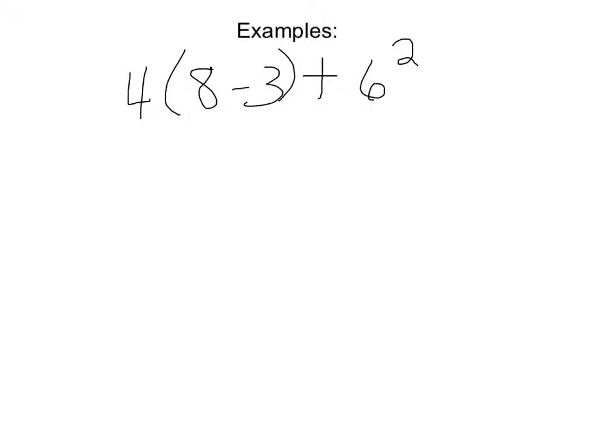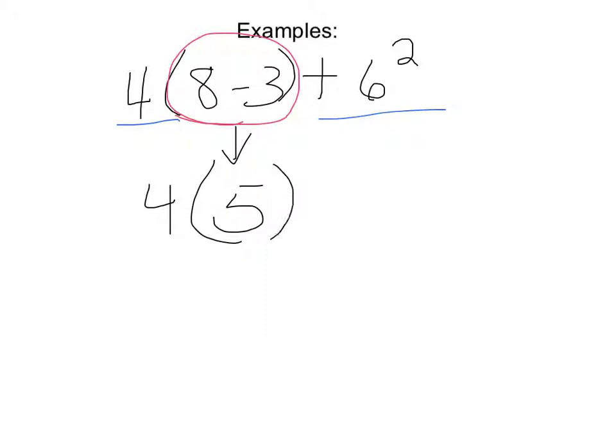So we need to tackle the 8 minus 3. 8 minus 3 is now 5. I want to bring down everything else the way it is. So then I need to bring down 4 times the 5 plus 6 squared.